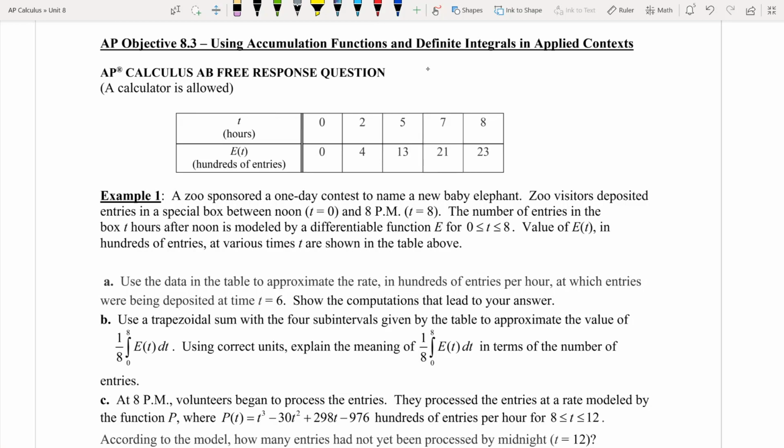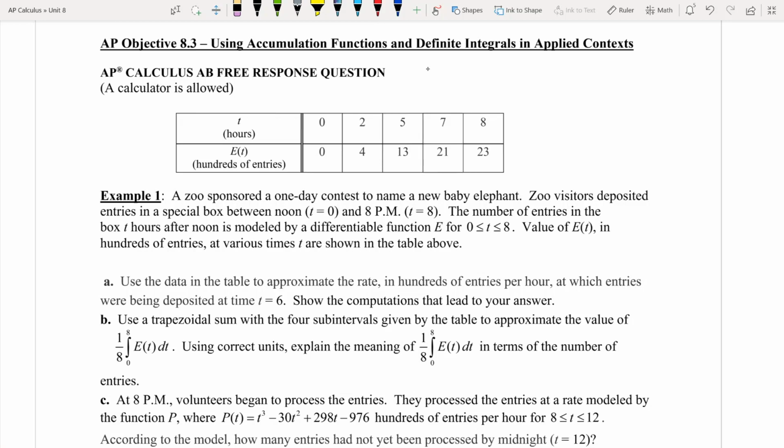Zoo visitors deposited entries into a special box between noon, which is when t equals 0, and 8 p.m., where t equals 8. The number of entries in the box t hours after noon is modeled by the differentiable function represented by the table, which is function E, from t equals 0 to 8. Specific values at various times are shown in the table.